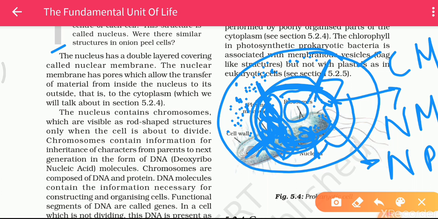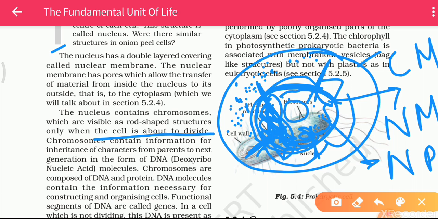The nucleus contains the chromosomes, which are visible as a rod structure when the cell is about to divide. I told you that when cell division takes place, this chromatin material is condensed and converted into chromosomes, which are rod-shaped structures.